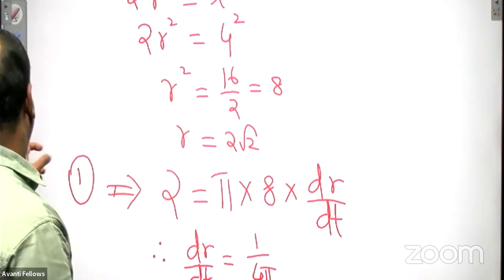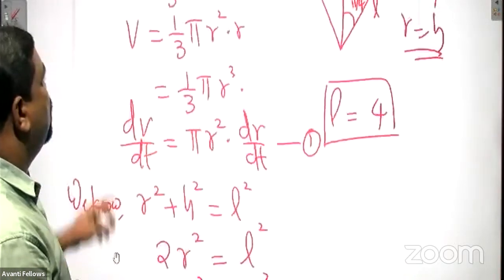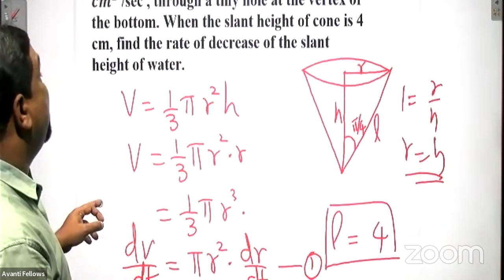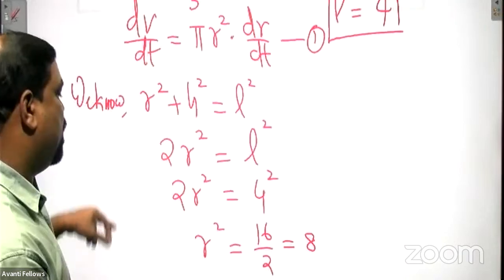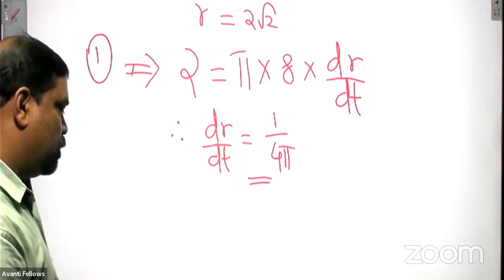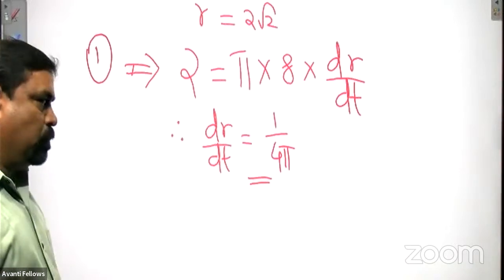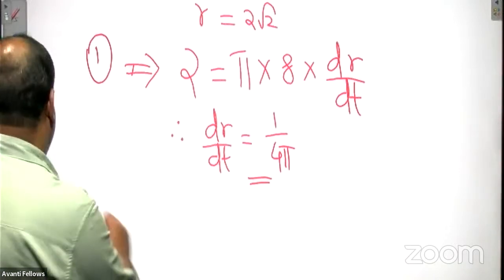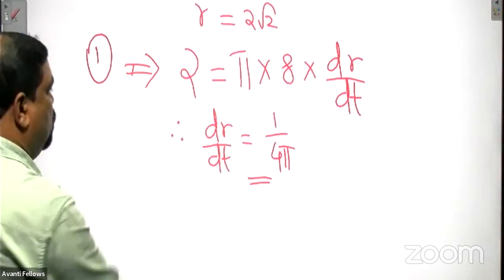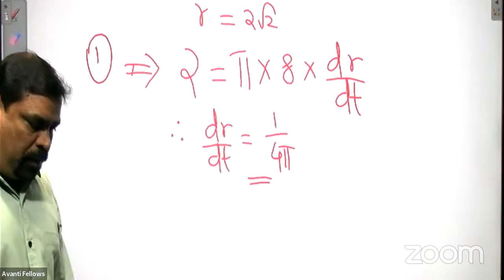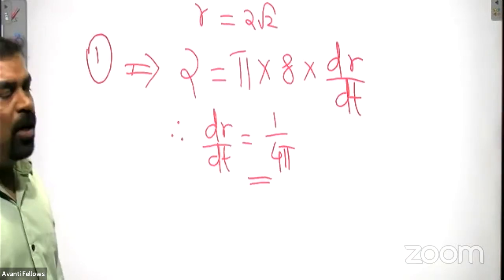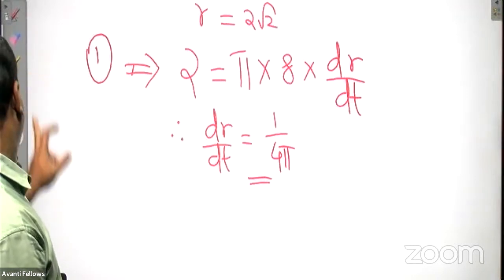Now what we have to find is actually the rate of change of the slant height. Slant height we have to find out, dL by dt.